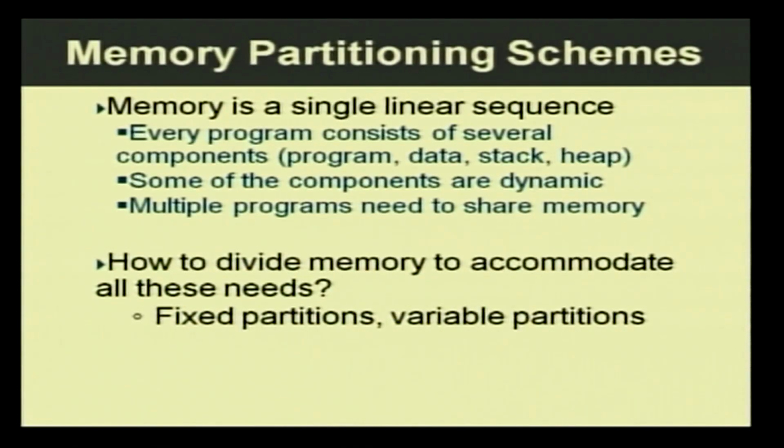Therefore, there are two approaches in an operating system: fixed memory partitioning and variable memory partitioning. As the name indicates, fixed partitioning means there is a stable partition within your memory. Variable partitioning means the partitioning inside the memory can vary during the mapping of programs to the main memory.